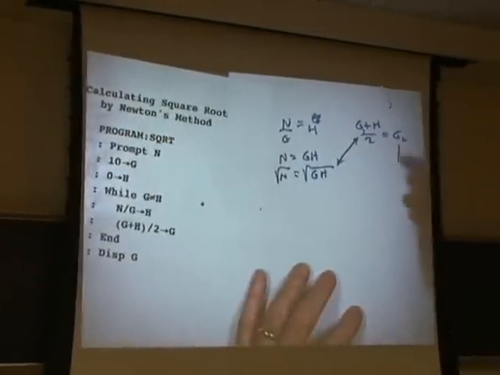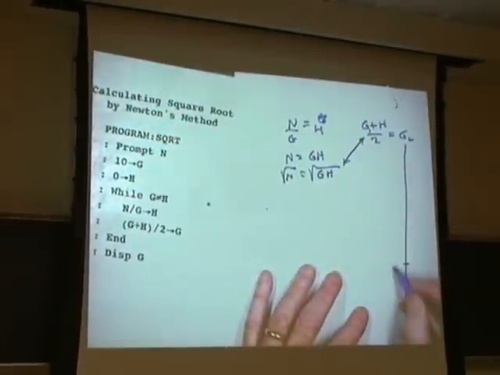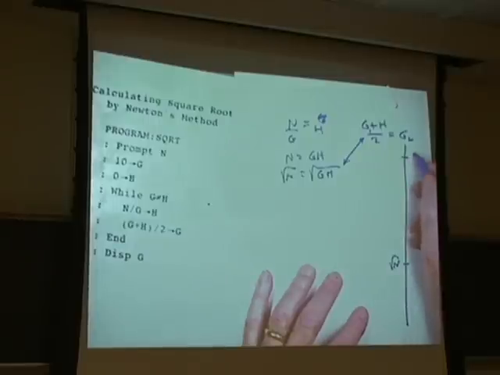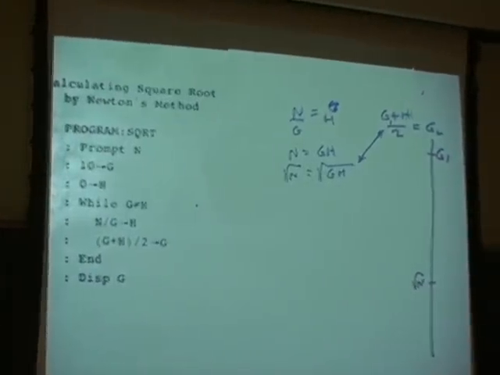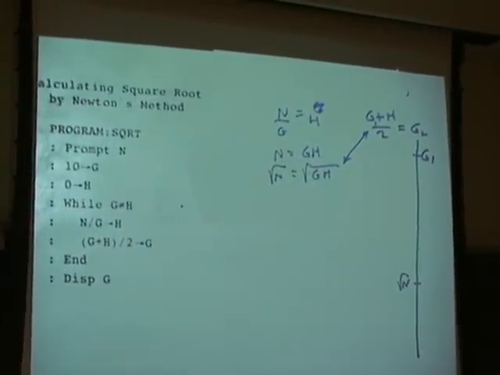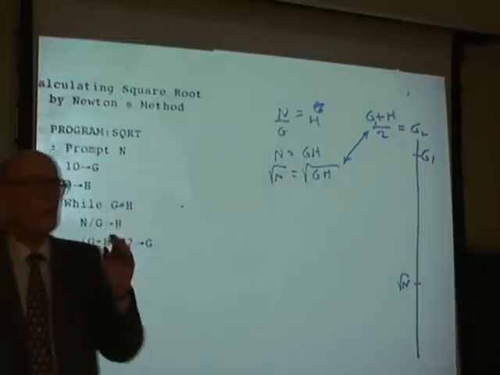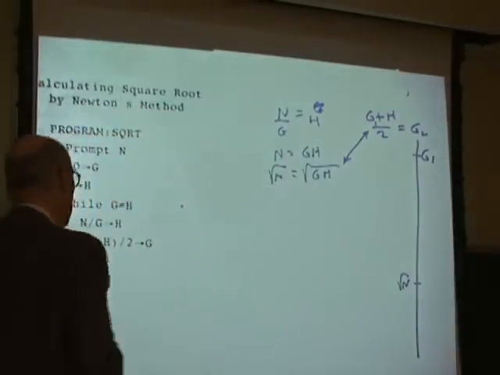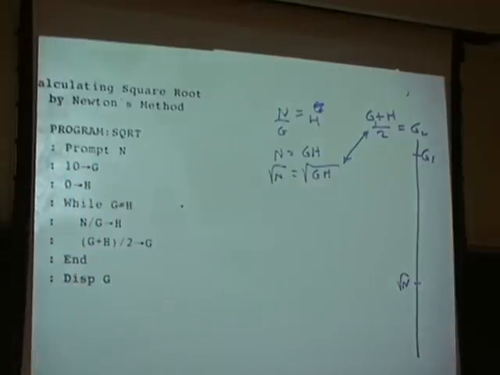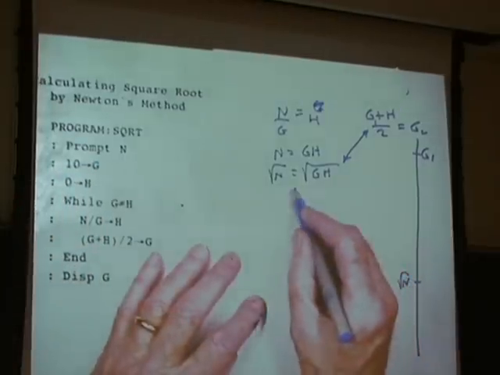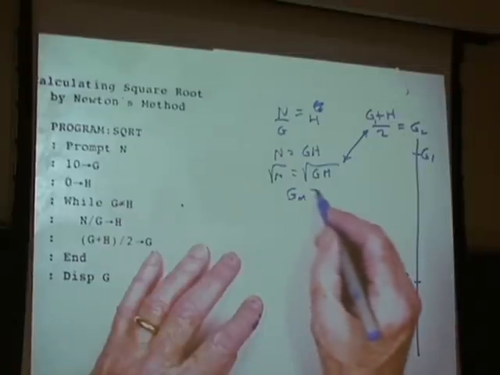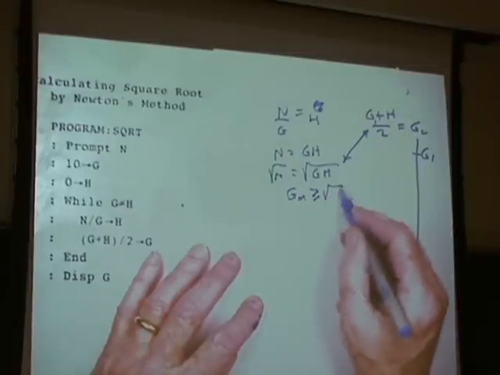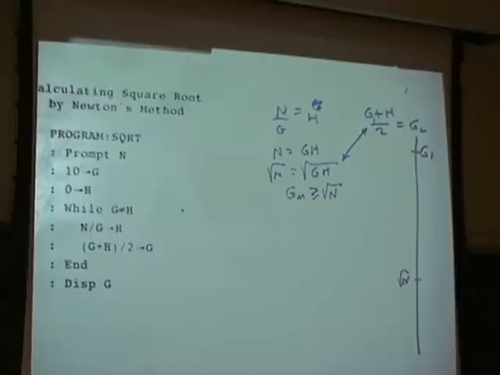So we've got a guess up there, and we want to find a way of showing that what we're going to get is going to shrink down toward the square root. All right. So we know now that our guess is greater than or equal to the square root of n.